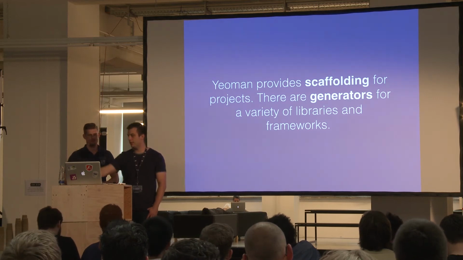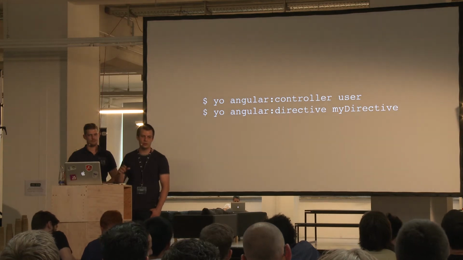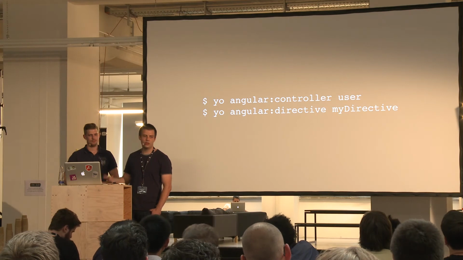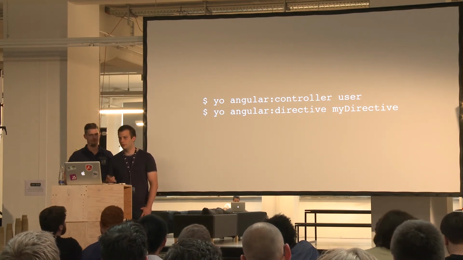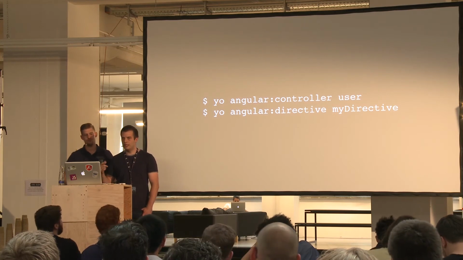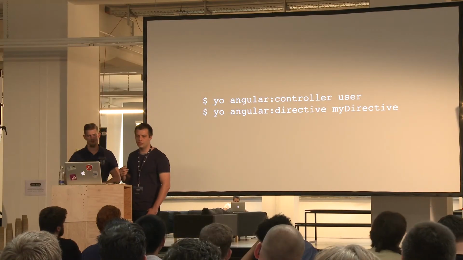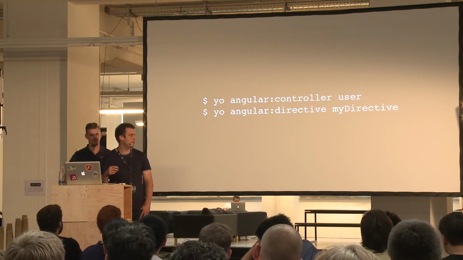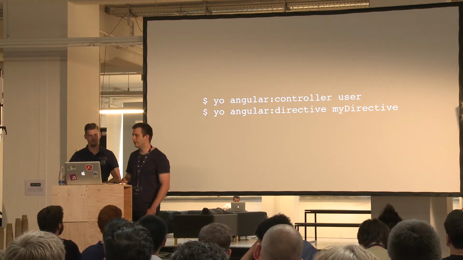So if you're using Angular, for example, you can generate the basic structure for controllers or modules and stuff like that, just by going onto your command line and typing one command, and then everything pops out. And if you have a unique project, which we all have, you can just create your own generators, which are unique for your project, and then automatically generate your structure, and don't have to write that much.